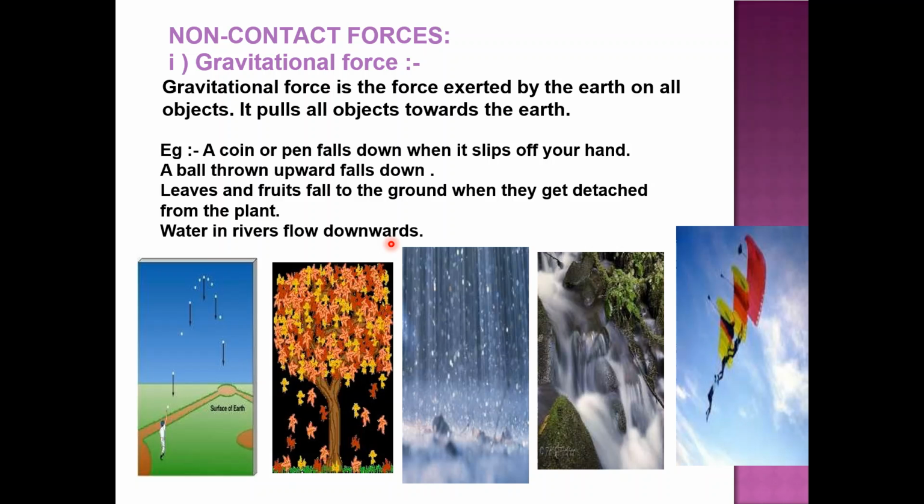This means that at a given place, the gravitational force acting on a body varies according to the mass of the body. The weight of an object is determined by the gravitational force acting on it. The weight of an object can be measured using a device called a spring balance.